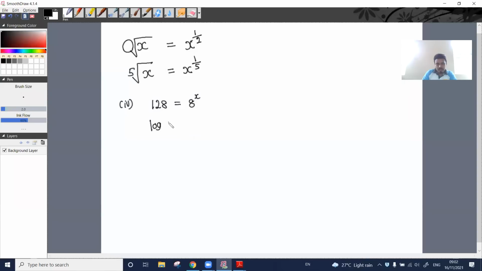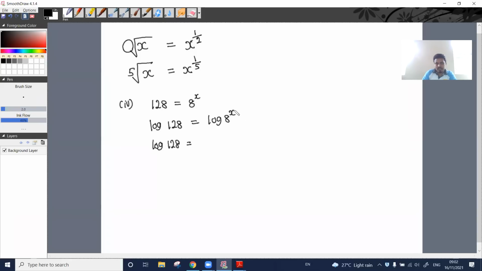So here, log of 128 equals log of 8 to the power x. Then what? Using the rules of logarithms, we can take this power value to the front.